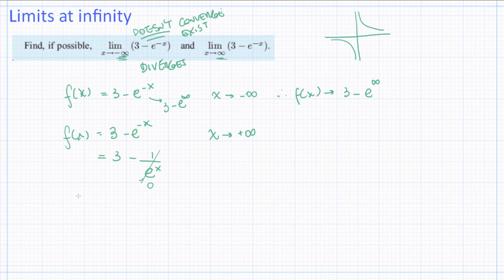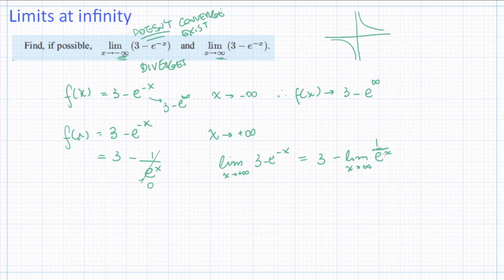So the limit does exist. So the limit when x goes towards positive infinity of 3 minus e to the power negative x, that's the same thing as 3 minus the limit when x goes towards positive infinity of 1 over e to the power of x.